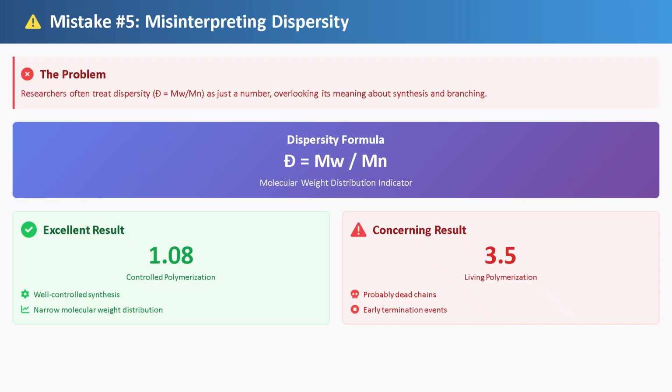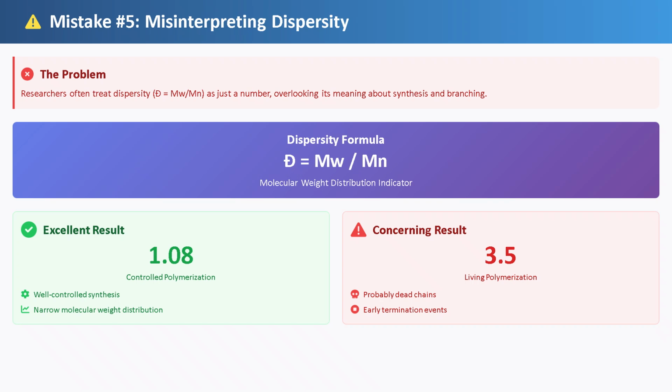The fifth mistake is more subtle. It's about interpreting dispersity as just a number, instead of what it actually represents. Dispersity, or Đ, equals Mw divided by Mn, and tells us how broad the molecular weight distribution is.